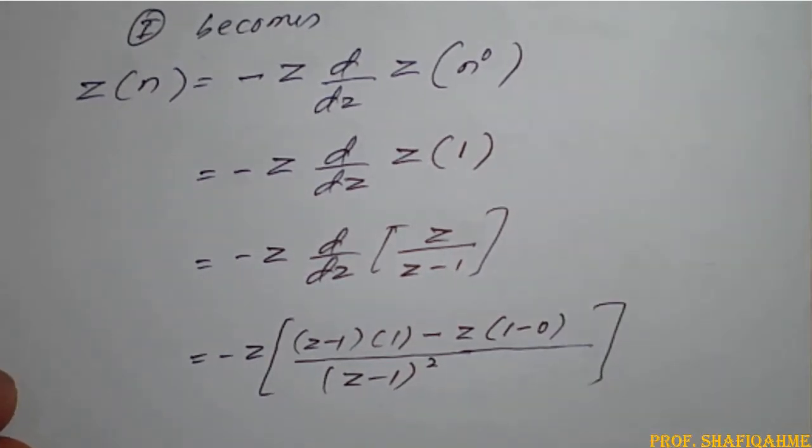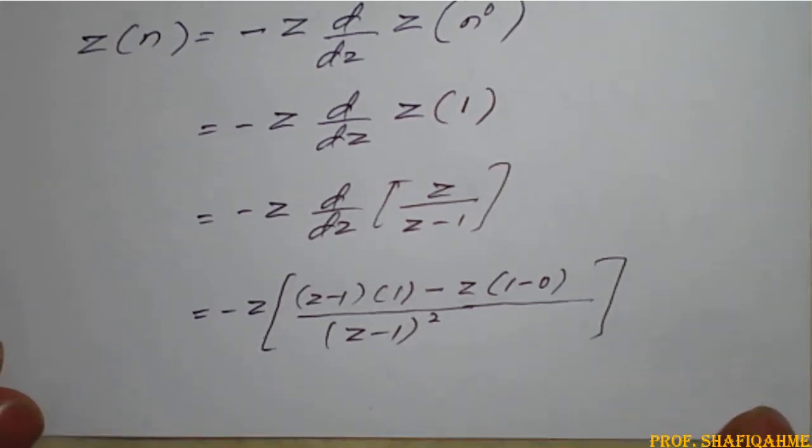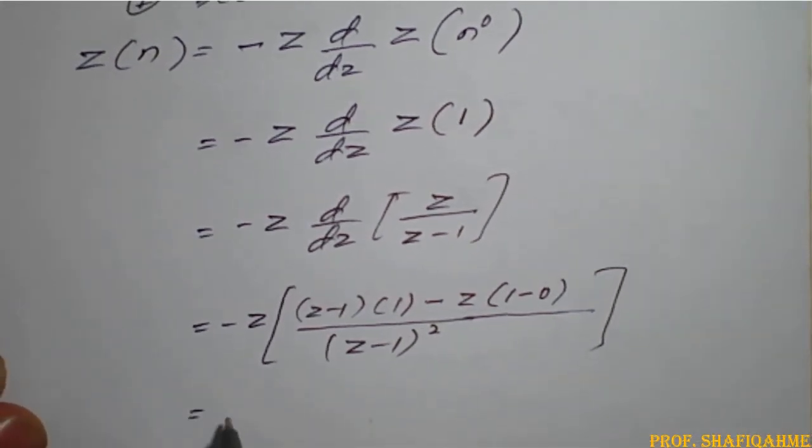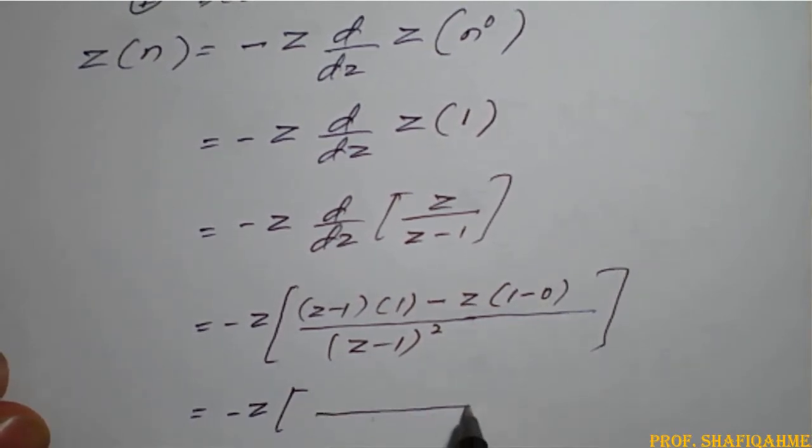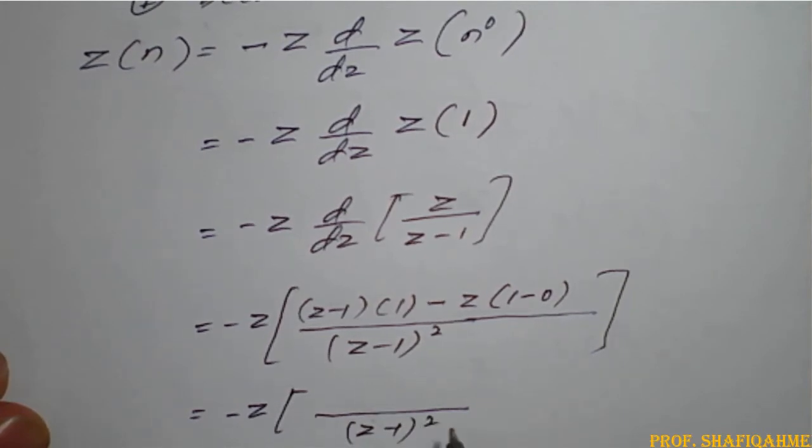So on simplification we'll get minus z of z minus 1 whole square.